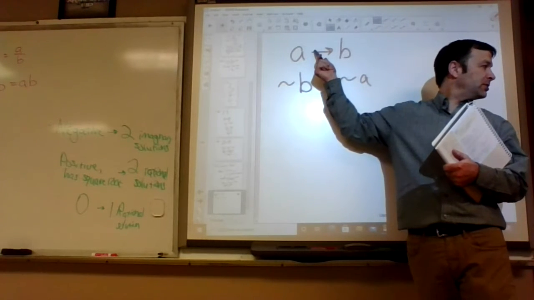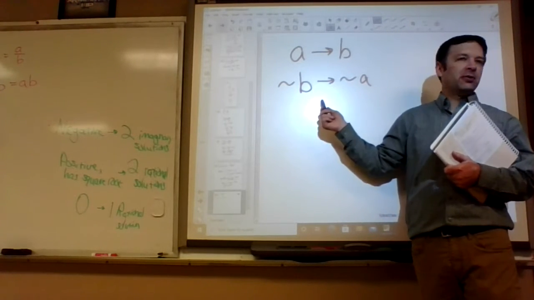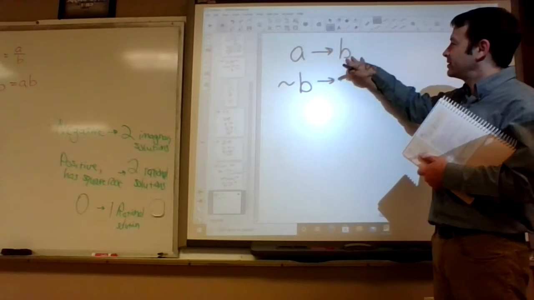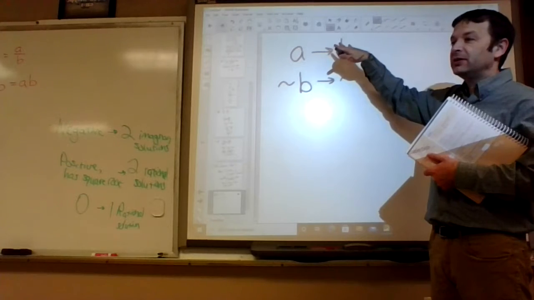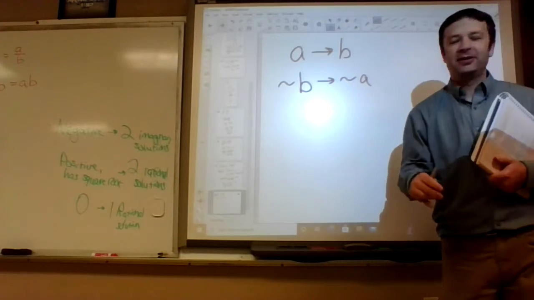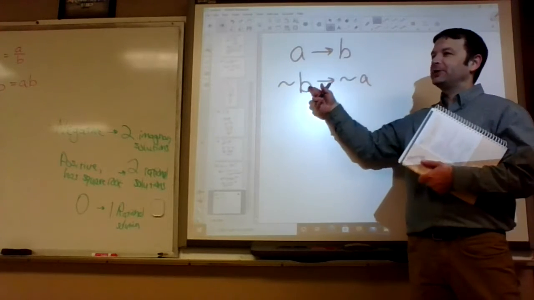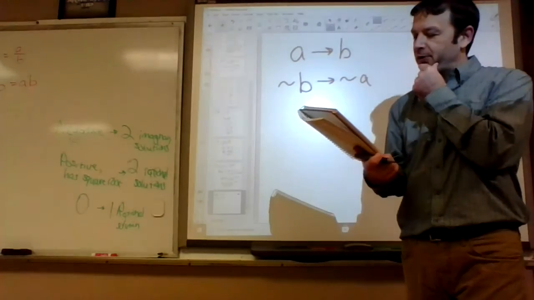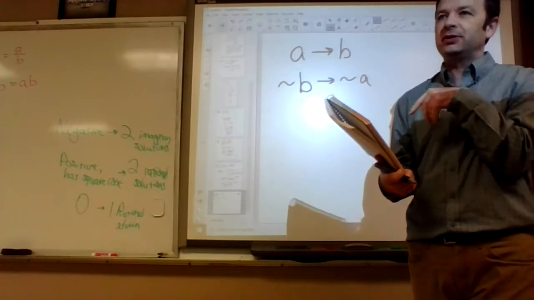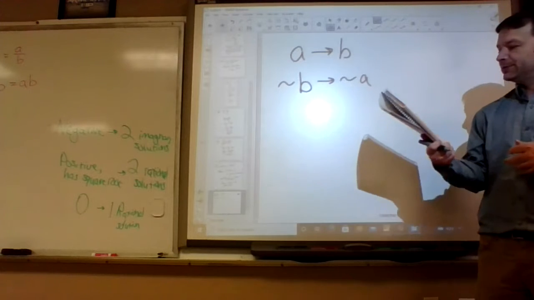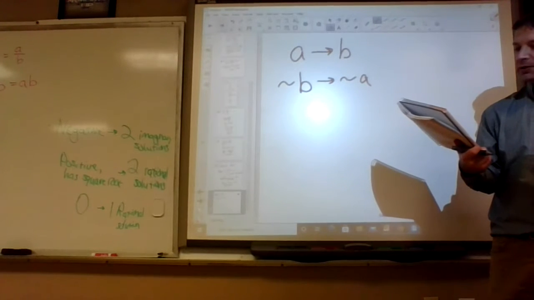If the top one is true, the bottom one is true. Okay, anyways, this is contrapositive. So on number 5, if the car is out of gas, it will not start. So that's like our if A then B. If the car starts, then it's not out of gas.